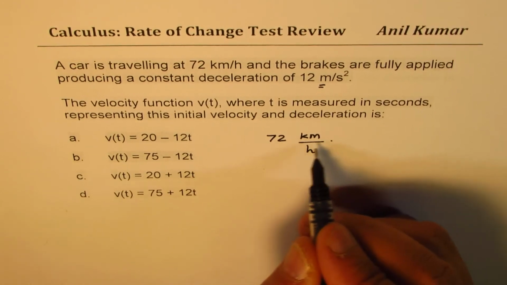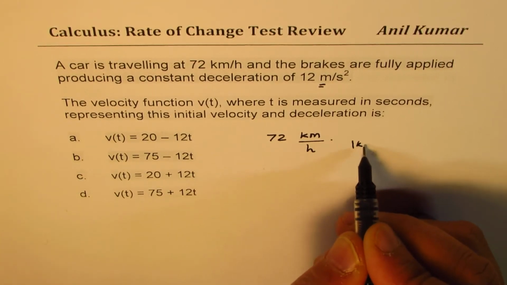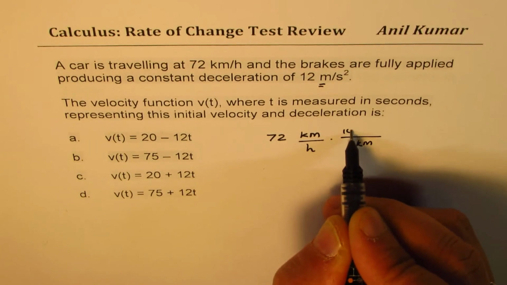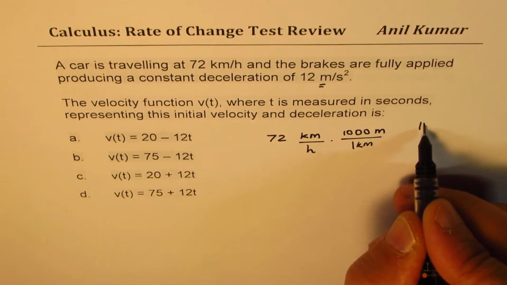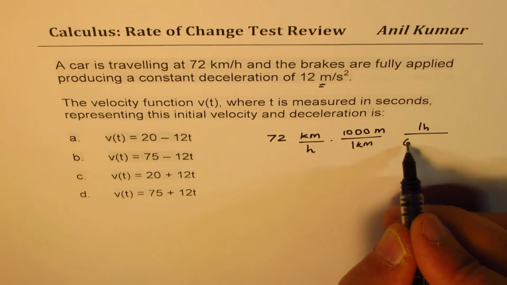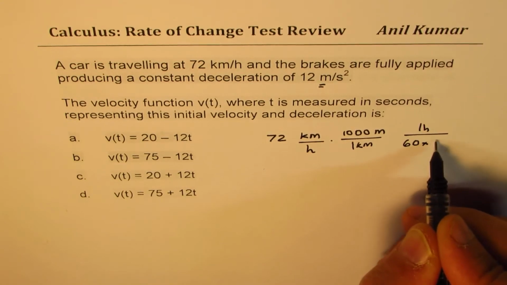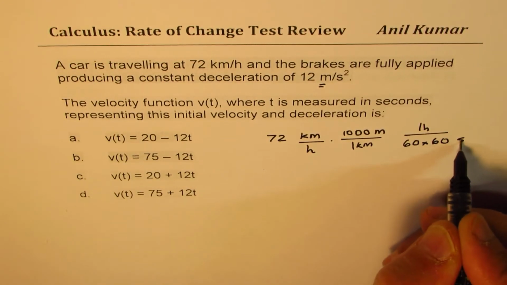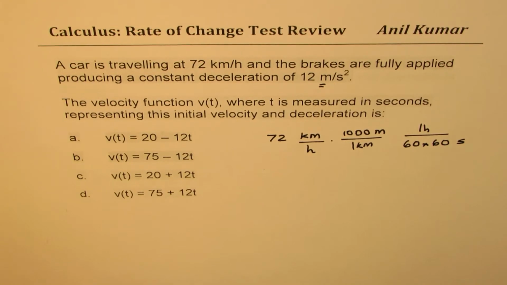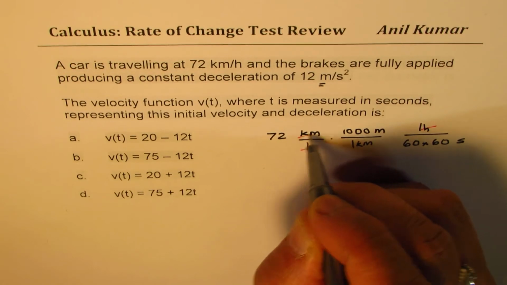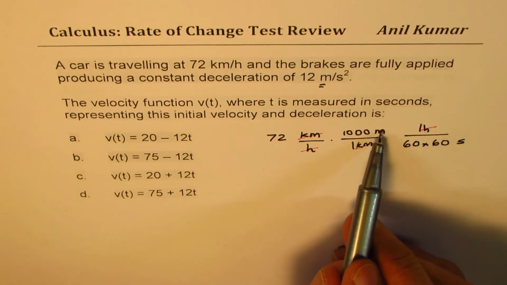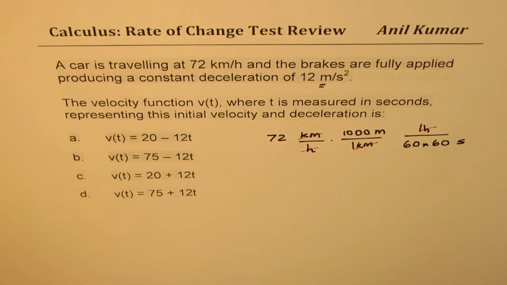So to convert to meters, we know 1 kilometer is 1000 meters, right? And 1 hour is 60 times 60 seconds. So that is how you can easily convert the units. So you can see hours cancel, kilometer cancel, you get meters per second, correct?